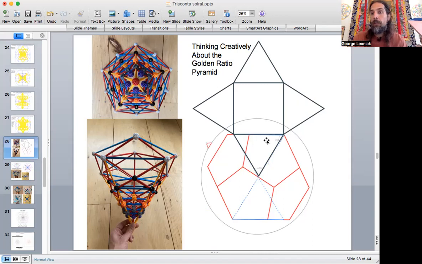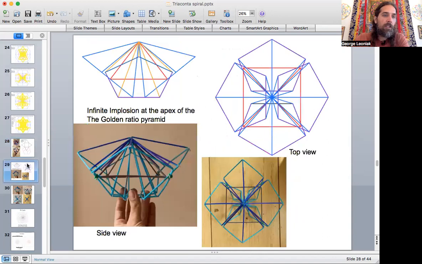So I'm going to take 5-fold symmetry, I'm going to take pentagons, and put a pentagon on each of these faces and make something that I don't believe has ever been created, at least that I know on Earth. So here it is, a totally new model, and I'll show you this one at the end. This is the spaceship model.